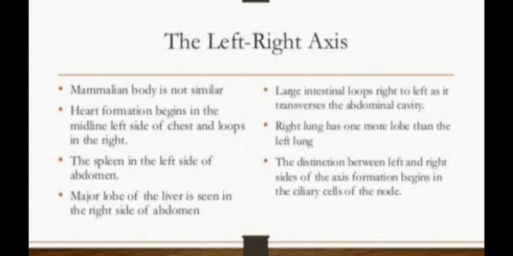The study of right left specification was done in mouse by studying mutations. The distinction between the left and right side of the axis formation begins in the ciliary cells of the node.